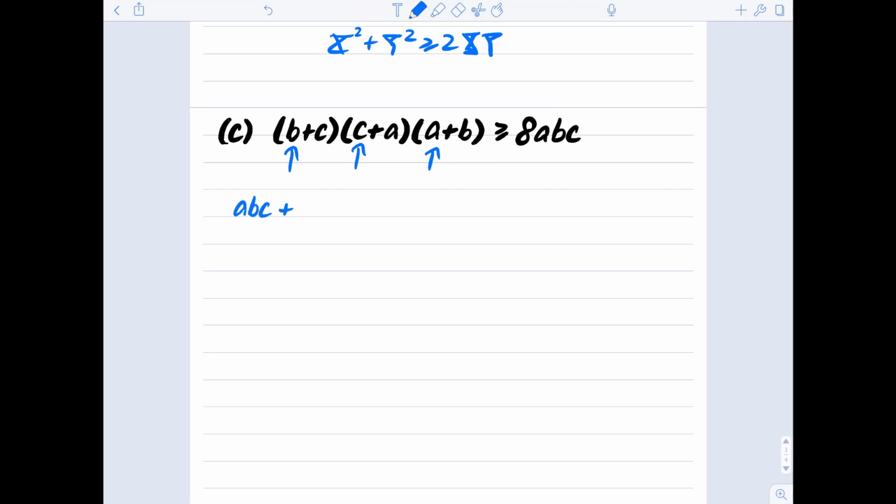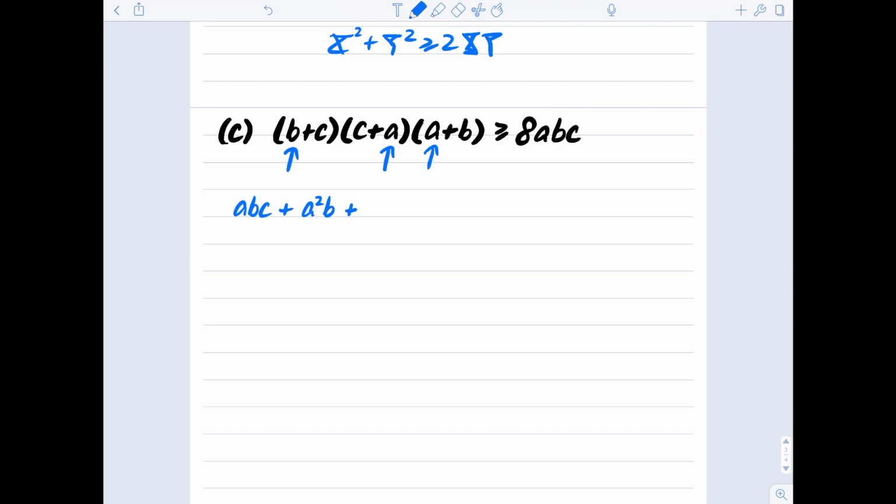What's another possibility? I could have picked the B, I could have picked the A, I could have picked the A, I could have gotten A squared B. And if you just imagine all of them, it's going to be one from B or C, one from C or A, one from A or B. And if you write them all out, I hope you can see it's going to follow a nice pattern.